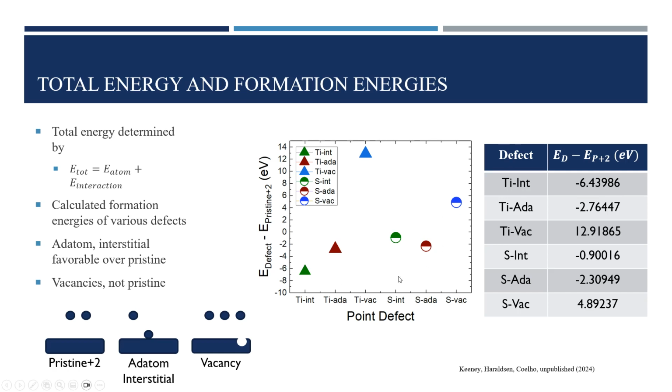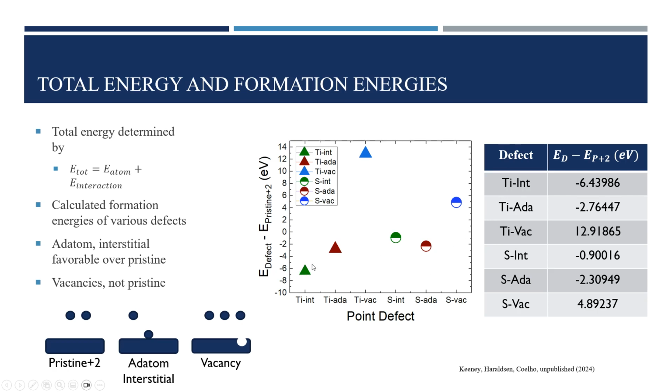And so now we look over to the actual results, which is we have our graph right here, where we have the defective system's energy minus the pristine plus 2 energy. Given that all of these values are negative to begin with, you'll find that the most negative value here will represent the most likely to occur point defect.